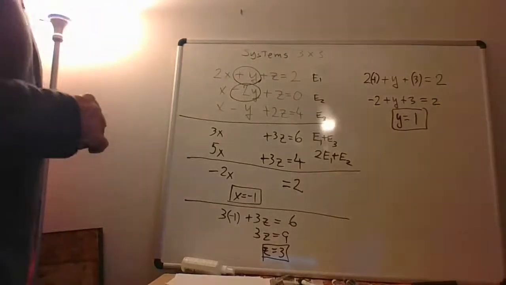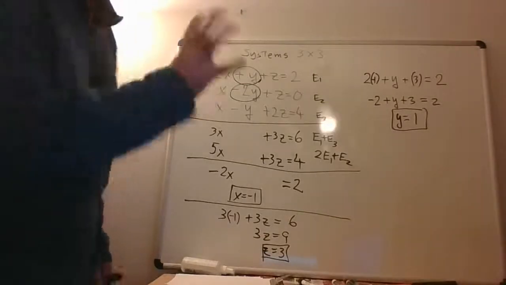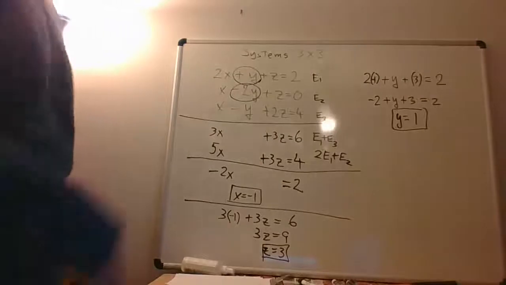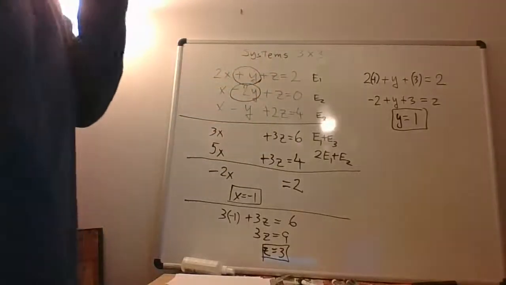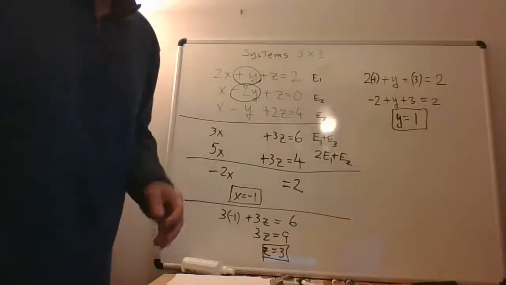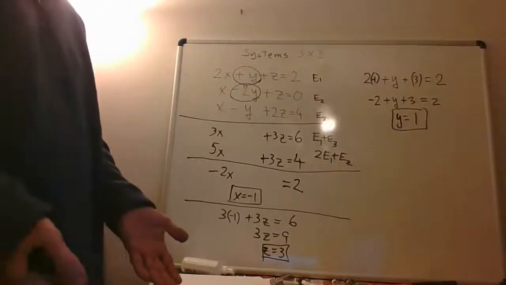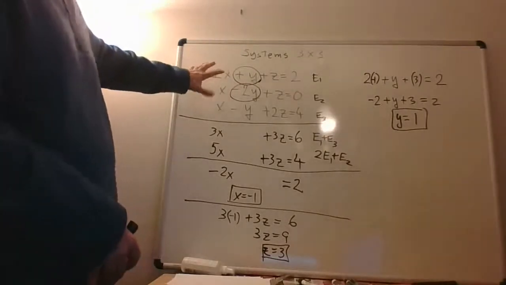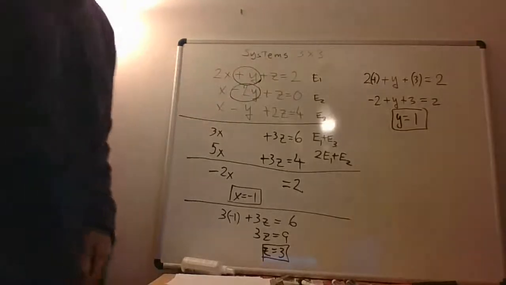If you made any mistake on the way, a little algebra mistake, some wrong sign, wrong subtraction, or you forgot to multiply with 2, like I did already here, then you're going to have a problem. You're going to find a point that is really not going to make this true. Maybe one of them true, maybe two of them true, but the third one not. And then you have a problem.